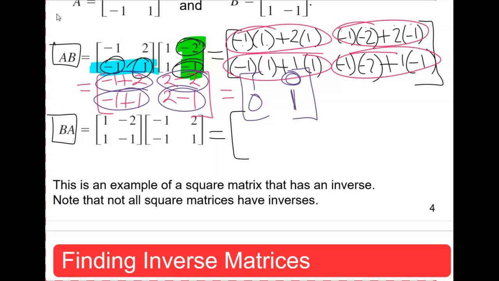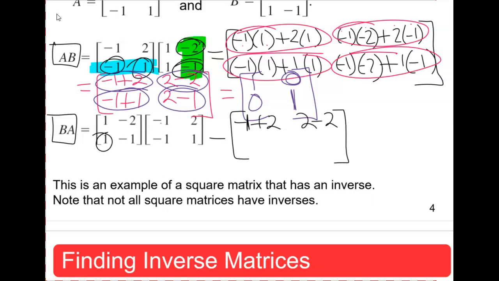So if we multiply here, we will have 1 times -1, which is -1, and then -2 times -1, which is +2. Then let's move on with first row, second column. So -1 times 2 is a 2. And then -2 times 1 is a -2. Then we move on to the second row, first column.